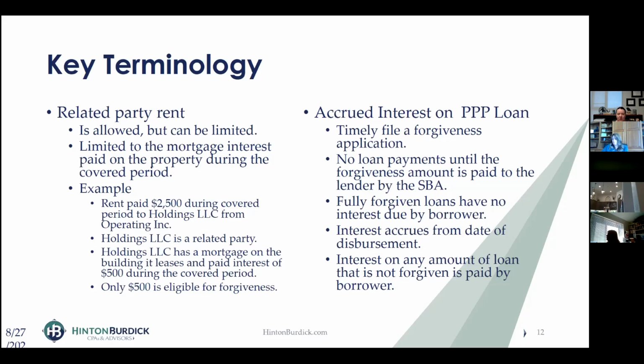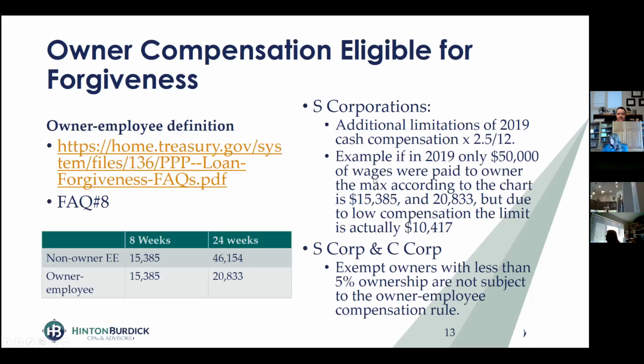I would still owe interest from April 10th to September 10th on just the $100,000 that is not forgiven. But the lenders will be communicating that to you as well.